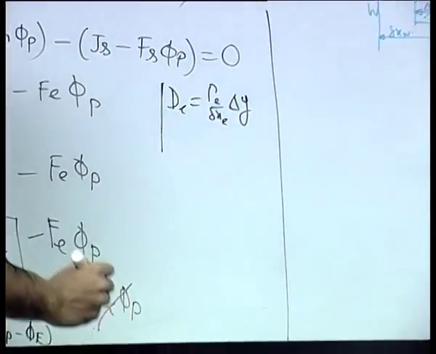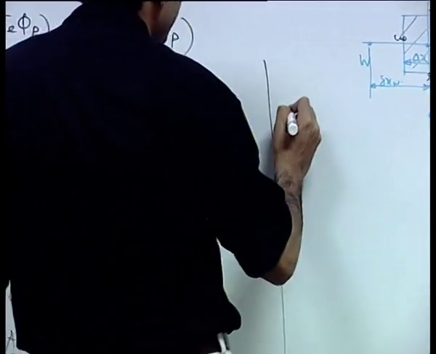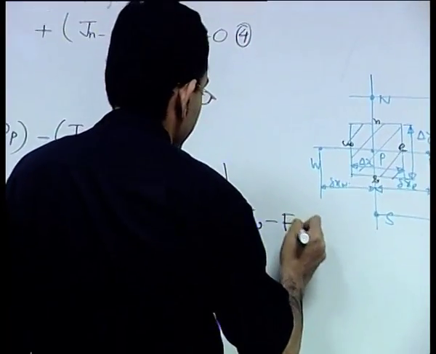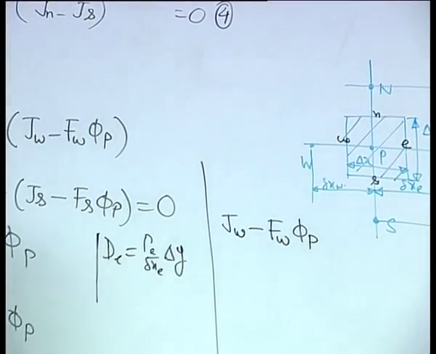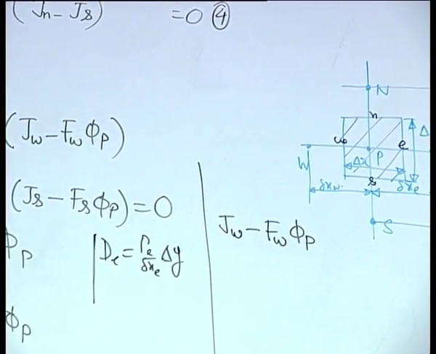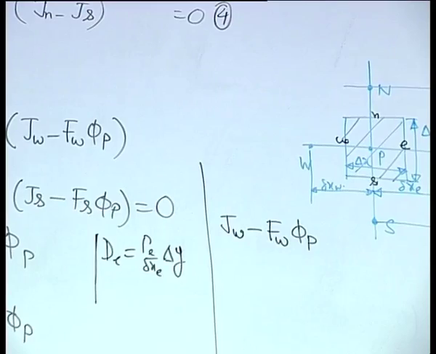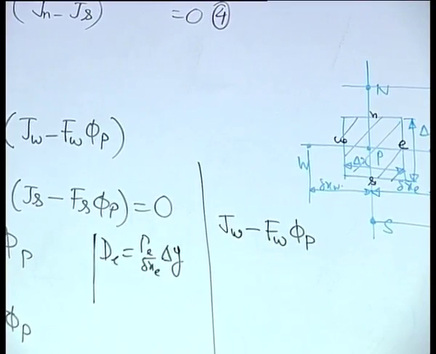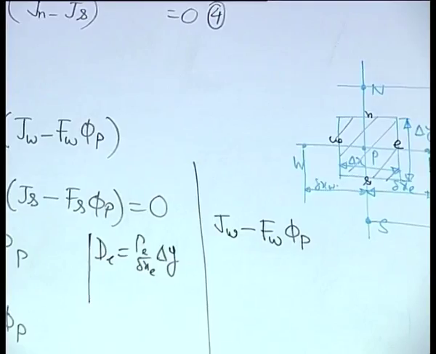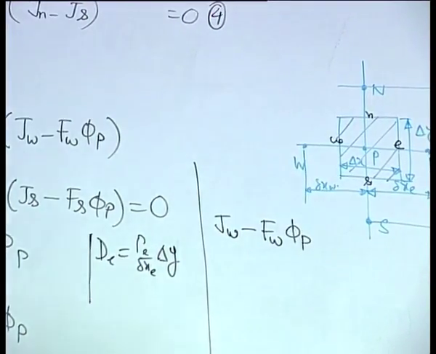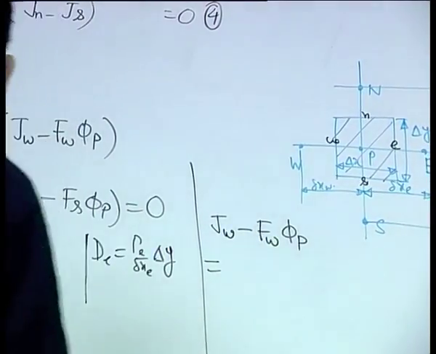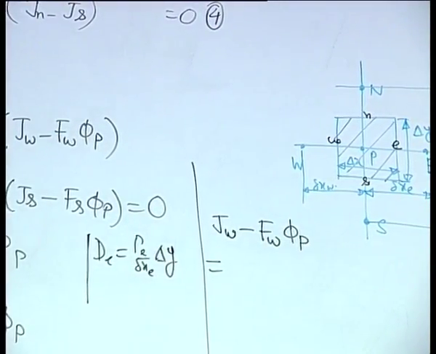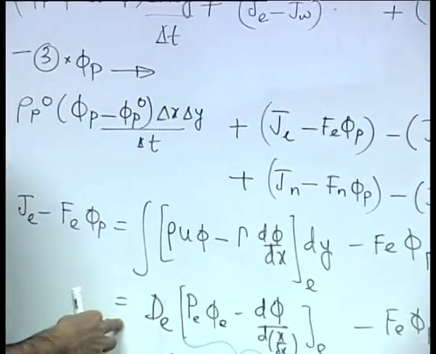Similarly, let us consider one more term, maybe JW minus FW phi p. Let us try to skip a few steps, try to take a lesson from this one and try to write.